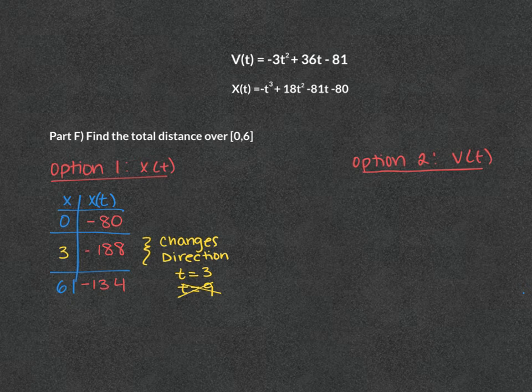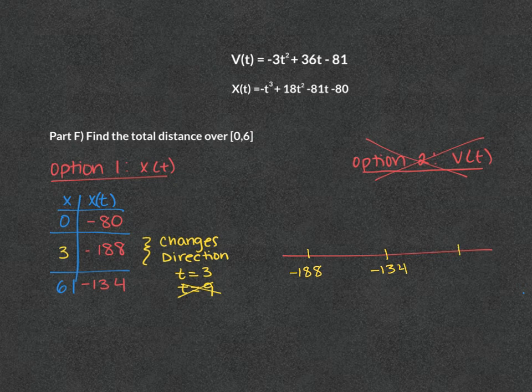So actually we'll do option 2 on the other slide. So we're going to put these y values, negative 80, negative 188, and negative 134 on this number line. So I have negative 188 is the smallest, then should come negative 134, then negative 80. And just for perspective, 0 is somewhere over here.